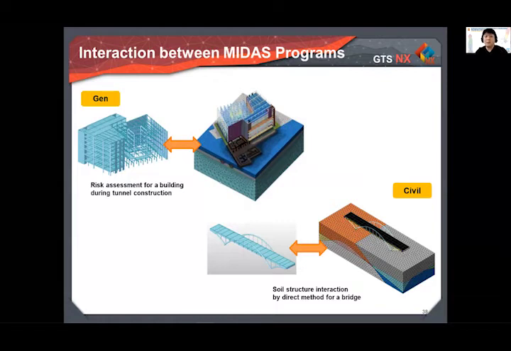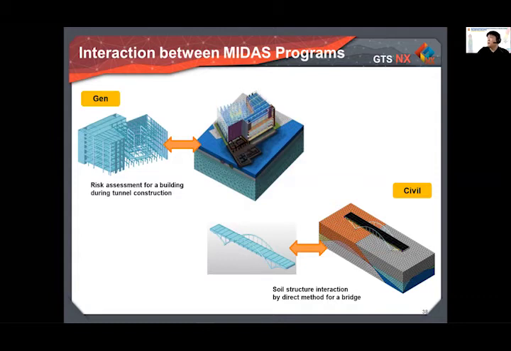So this is a very typical and important case to check the risk assessment of the superstructure building during the tunnel excavation. You can expect that during the tunnel excavation some settlement can occur above the superstructure buildings.